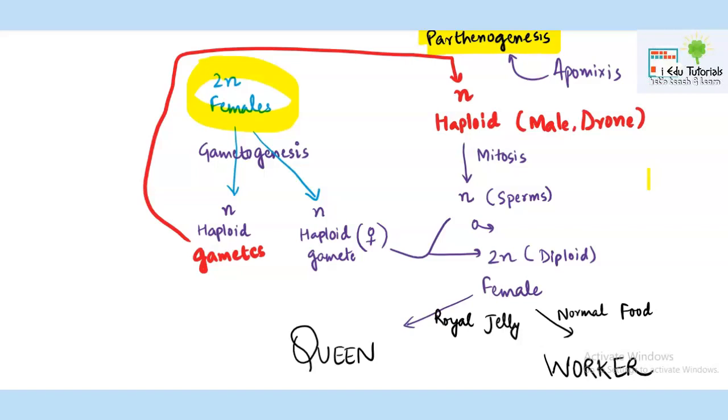This is haploid diploid type of sex determination which is found in honeybee. See, this is the haploid condition and this is the diploid condition here in the females. So haploid and diploid are alternating with each other. That is why it is known as haploid diploid type of sex determination.